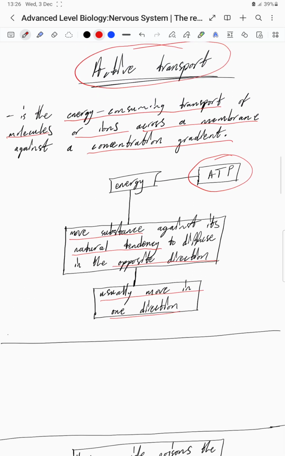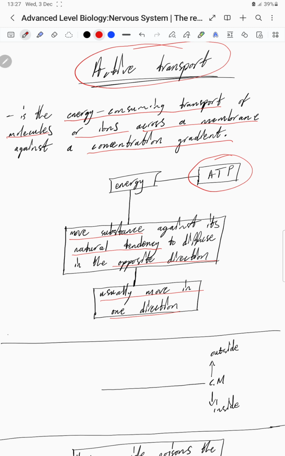Let's just have a little diagram to explain this. We have the cell membrane, we have the outside, and we have got the inside.